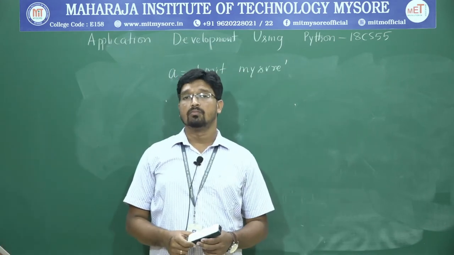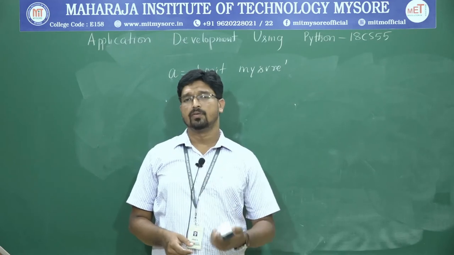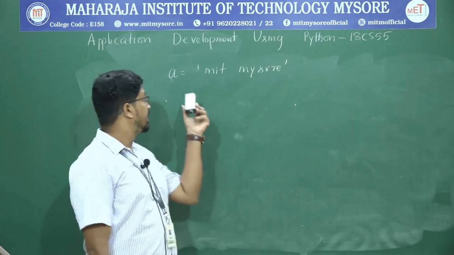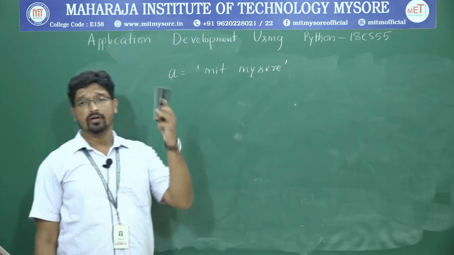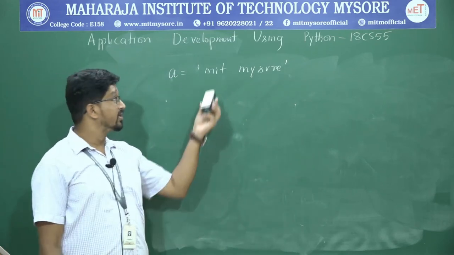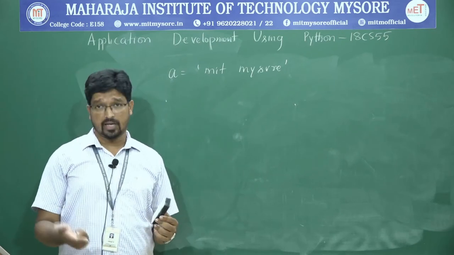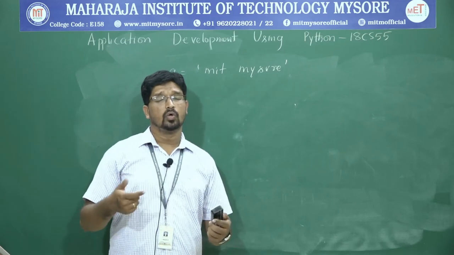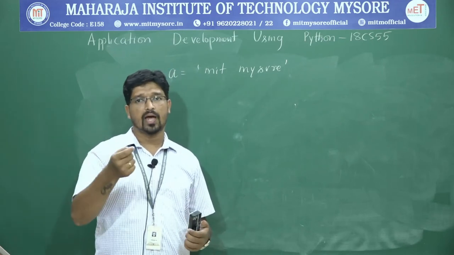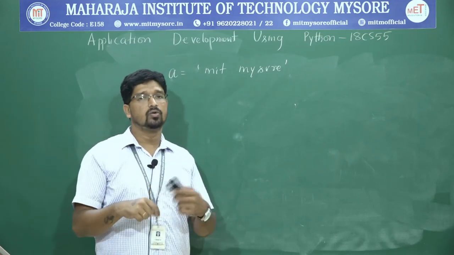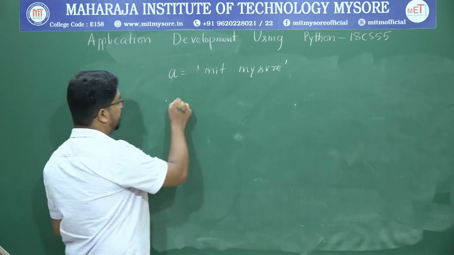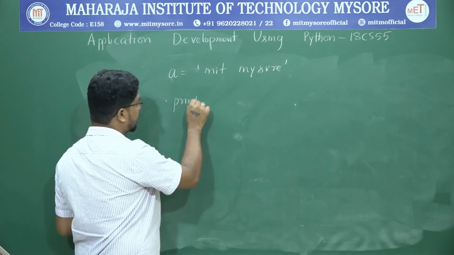Next we have string methods. As I said, there are various methods to operate on a string. Let us say I have considered a string mit mysore in lowercase. If you want to print this string in uppercase, you don't need any extra program. You don't need any for loop to take one character and convert it into uppercase. You don't need to check any ASCII value. Simply you call one method that will convert the string into uppercase.